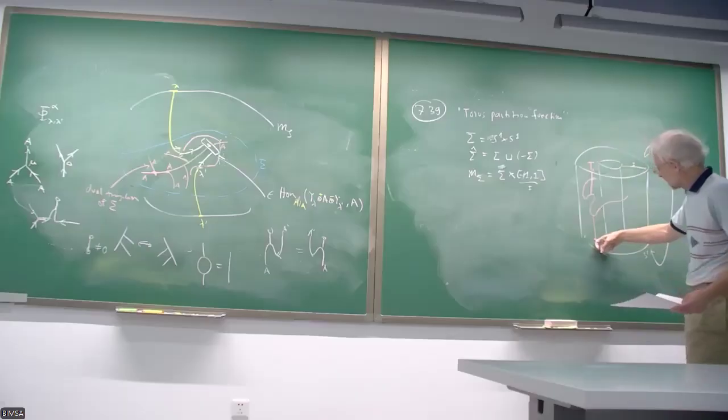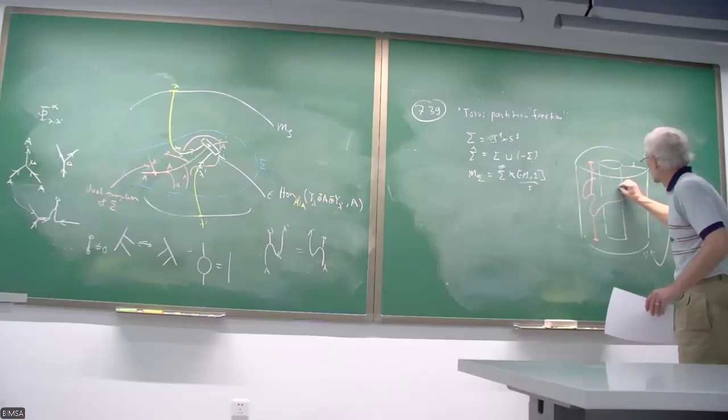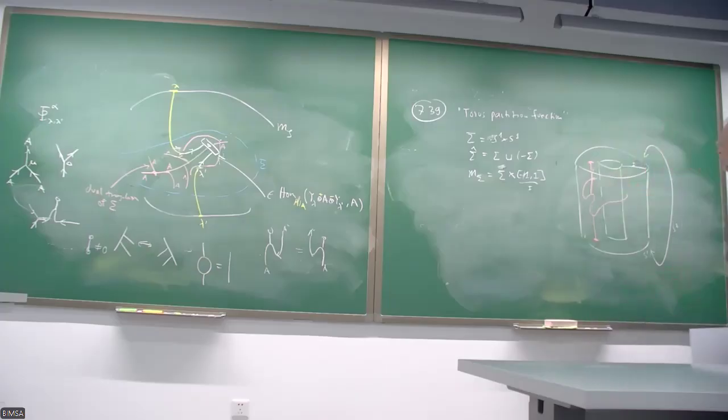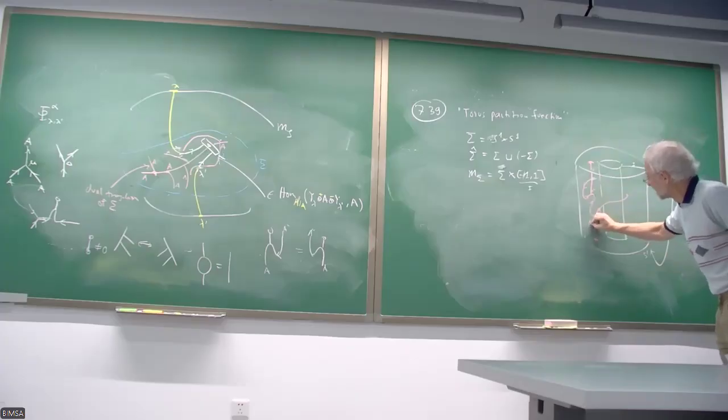So as this is to be identified with what I have here, and then I take the co-product and the product of A to get this graph.